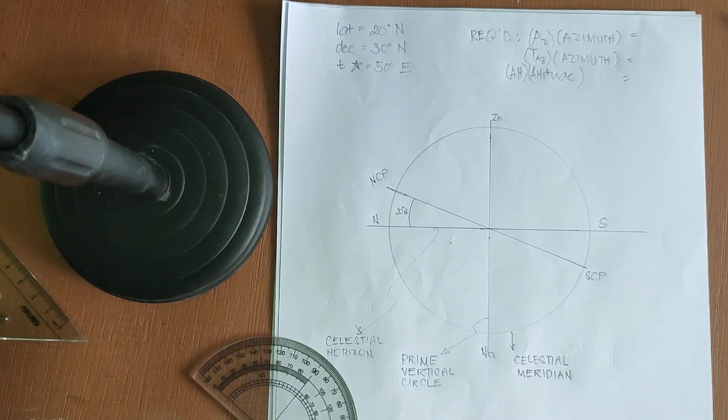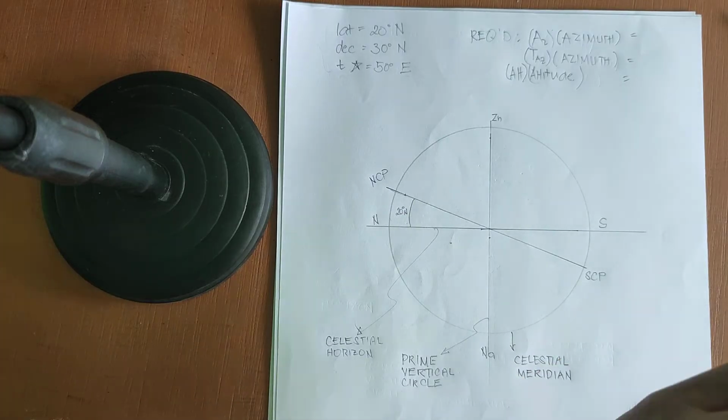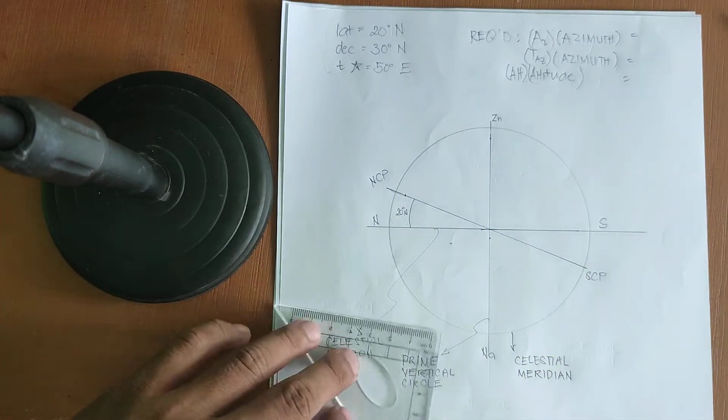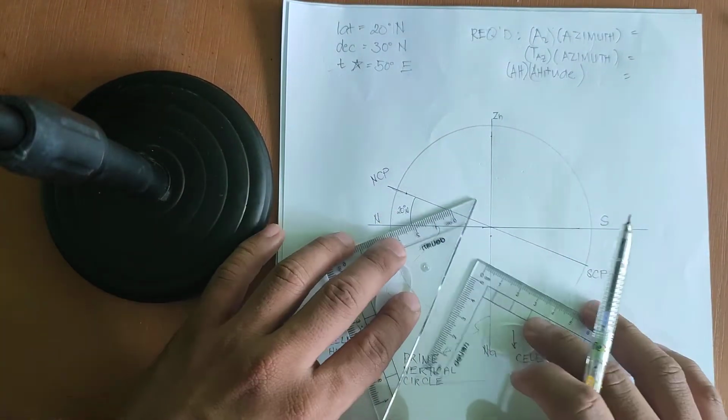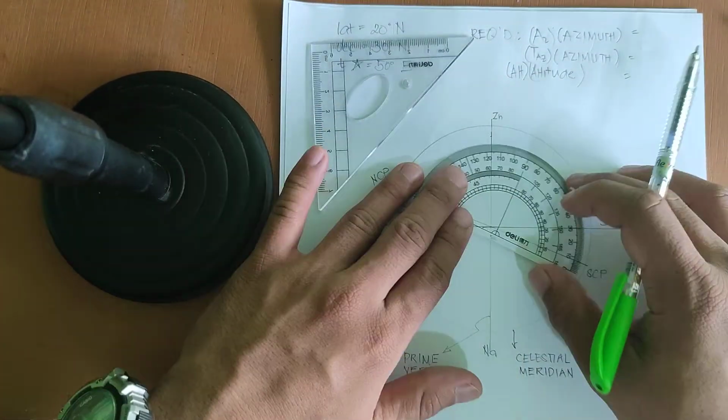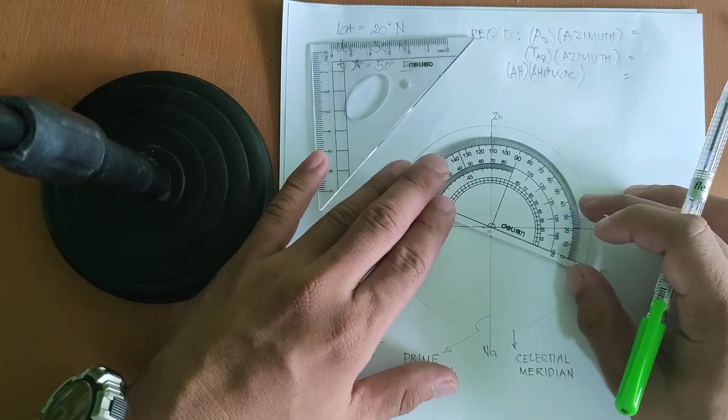Then after plotting your latitude, make a line perpendicular to your north and south celestial pole axis. So I will use my protractor.